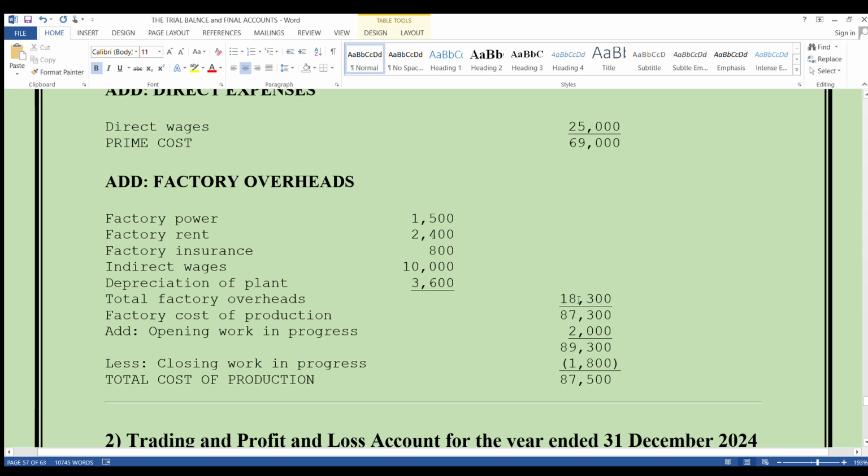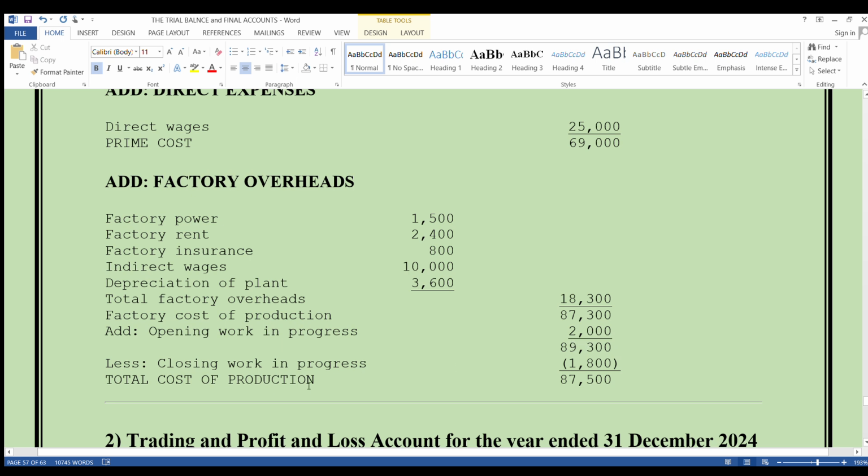When you add this figure to the prime cost, you get the factory cost of production. Finally, we have to factor in the work in progress. So we add opening work in progress, which is this figure here, and it will give us 89,300.